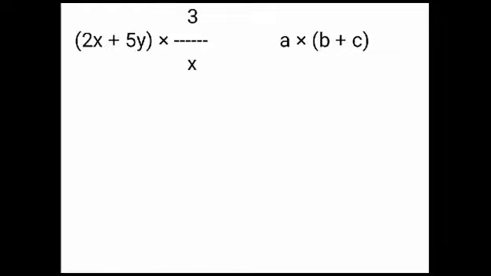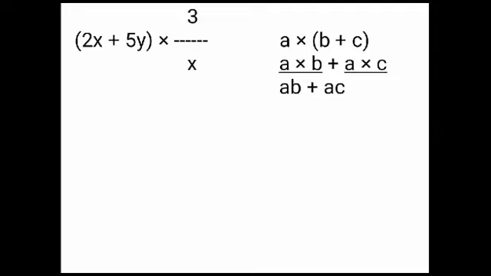Now you have to write this in multiplication form two times: a into b plus a into c. Underline a into b, plus a into c, and then you have to multiply. a into b is ab, plus a into c is ac.